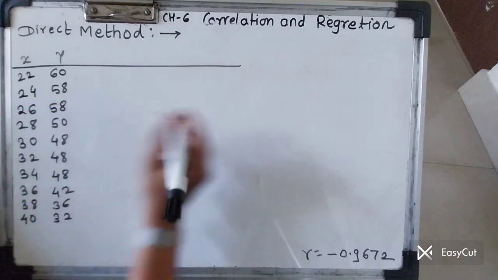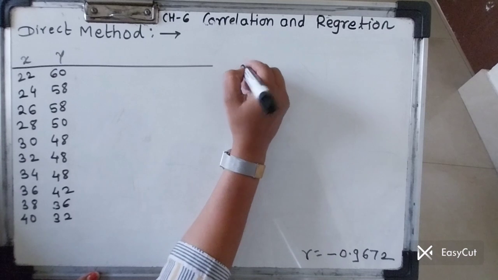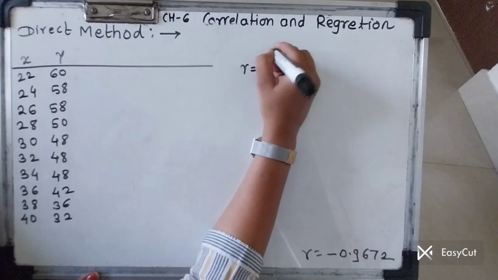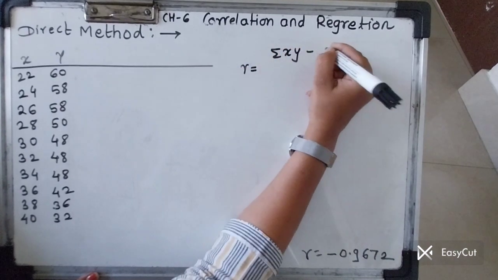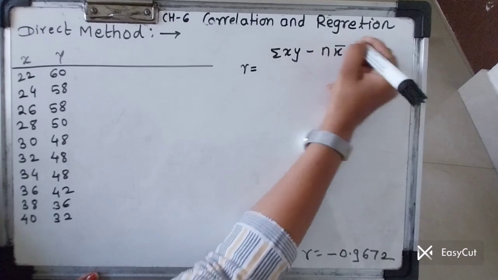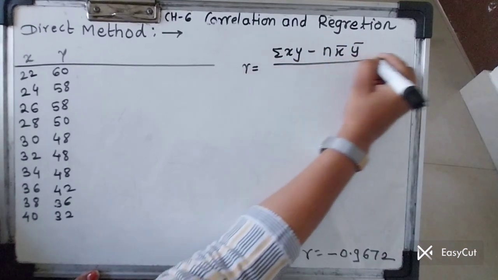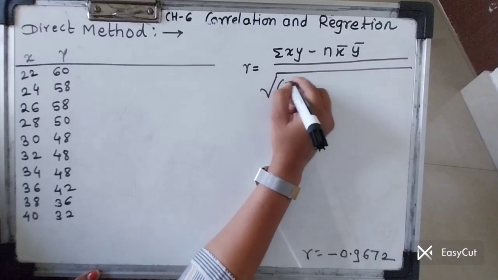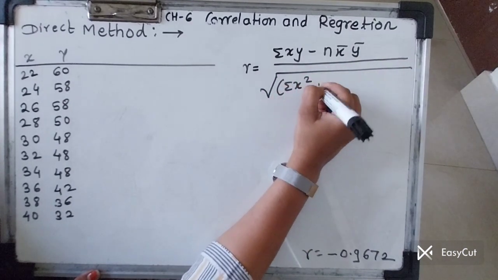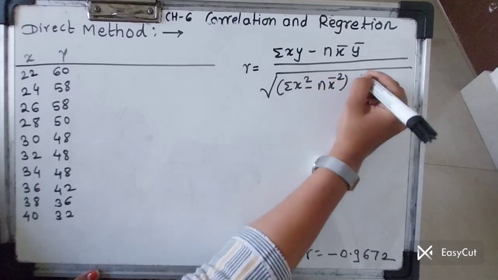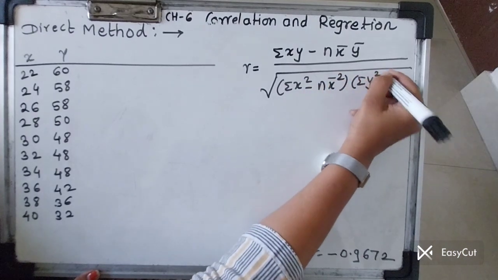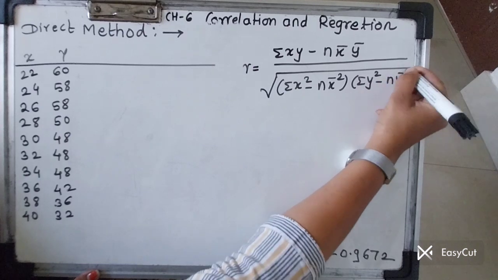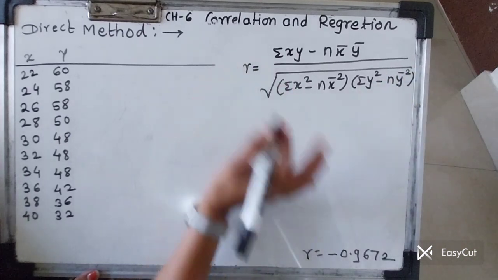Okay, what is the formula for direct method? R equal to summation xy minus n x bar y bar divided by under root summation x square minus n x bar square into summation y square minus n y bar square. Same scenario, same steps.